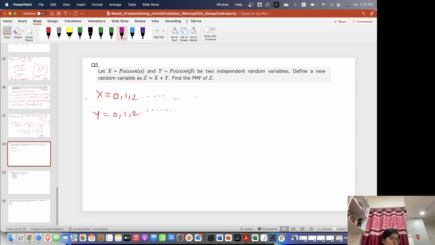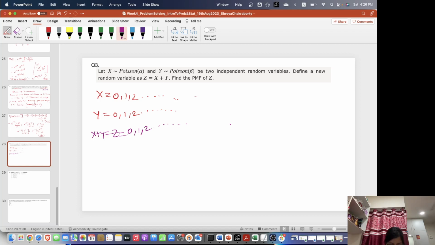First of all, we'll find out what values z can take. If x can take anything from 0, 1, 2 to countably infinite, and y can also, then x plus y, that is z, can also take values 0, 1 and so on.